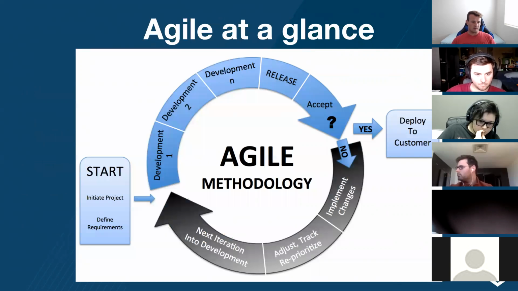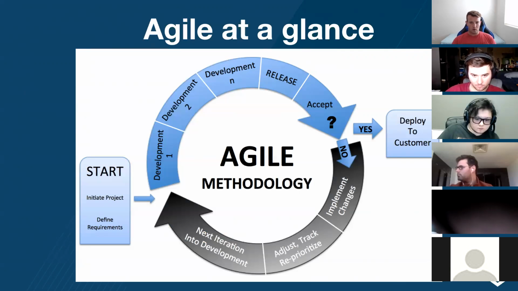So with Agile, you start a project and you define requirements, and then you go through a bunch of iteration cycles. When you start a project, you decide that you want to work on A, B, and C. You work on those 3 requirements. You release those 3 features, and then they get tested, and they go back to the stakeholders, the people you're building this project for.